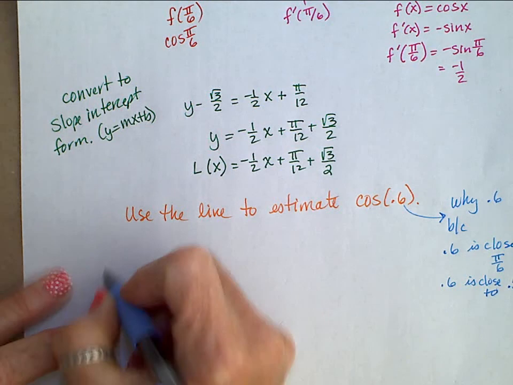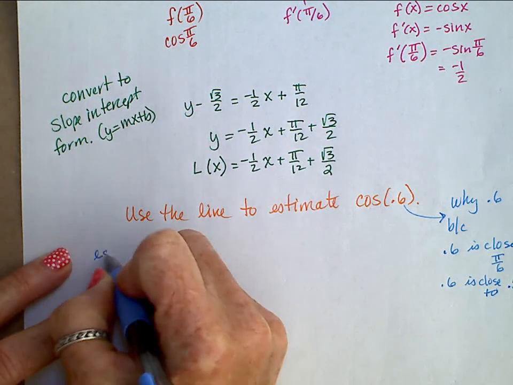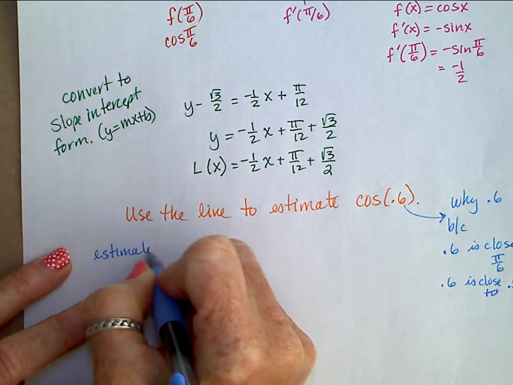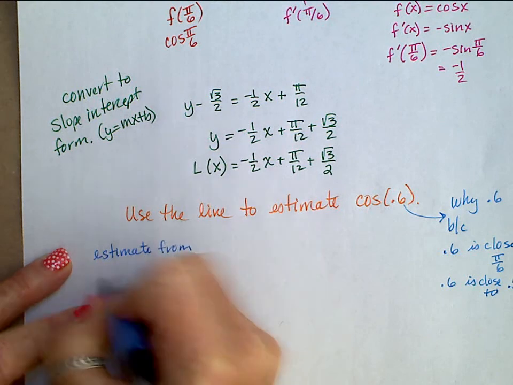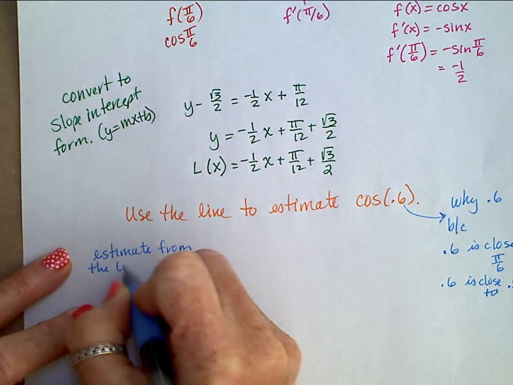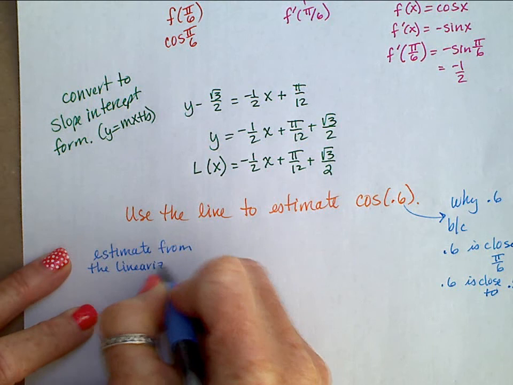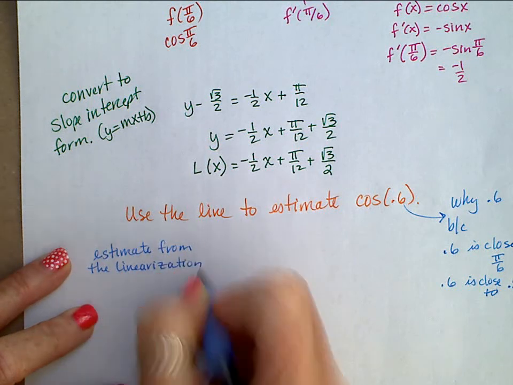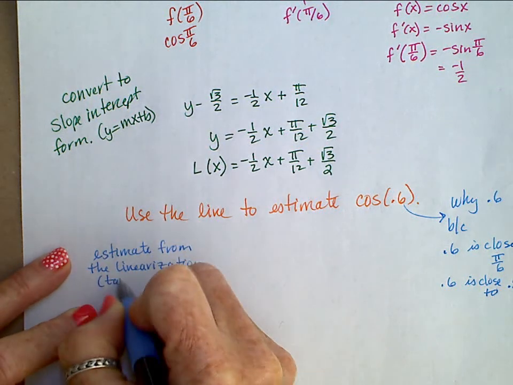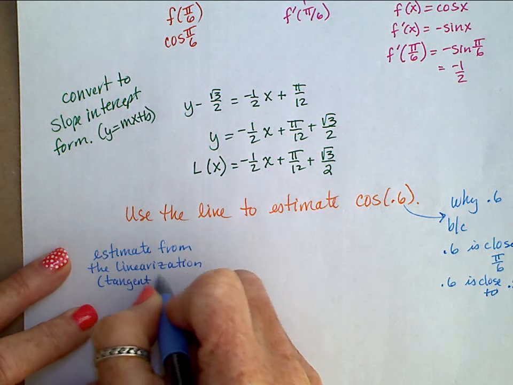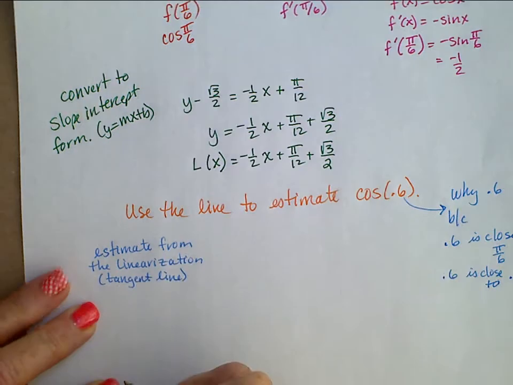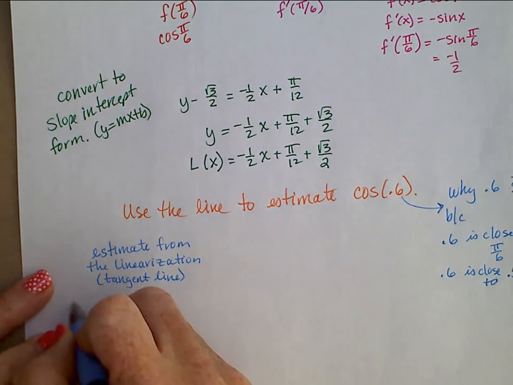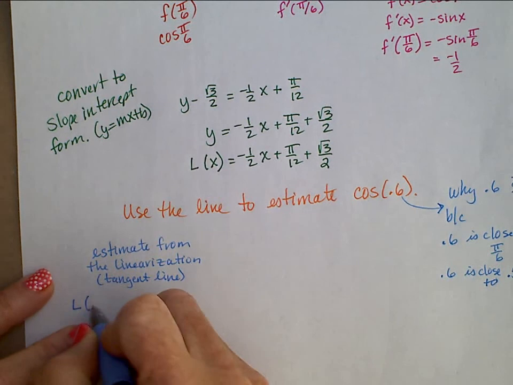Let's use the estimate from the linearization. That linearization is the tangent line. So let's evaluate this line at 0.6.